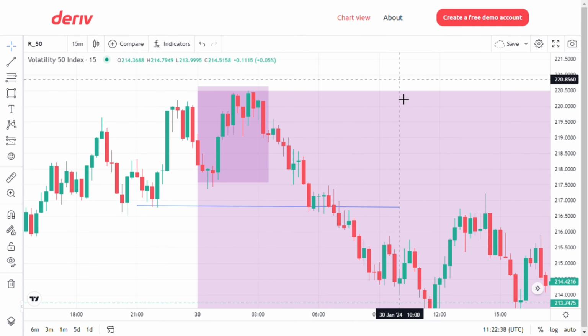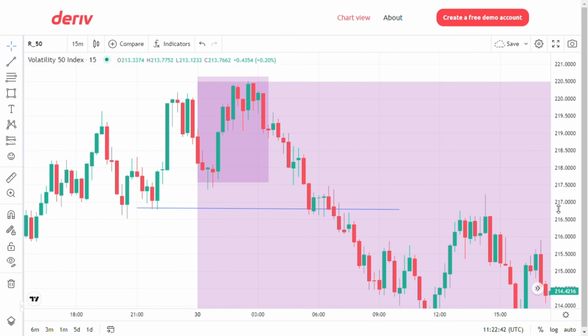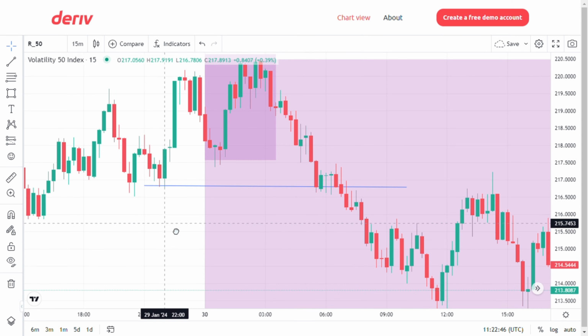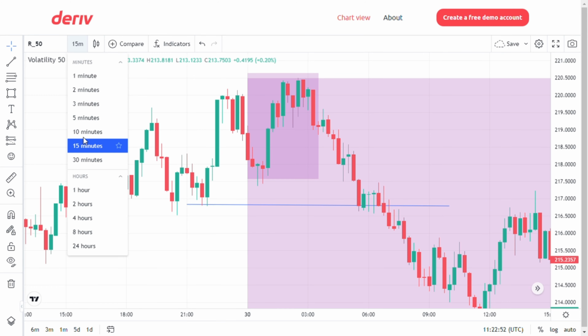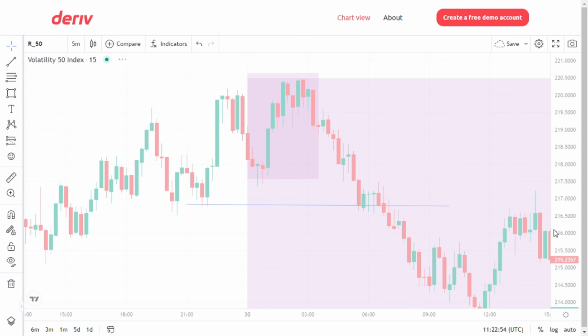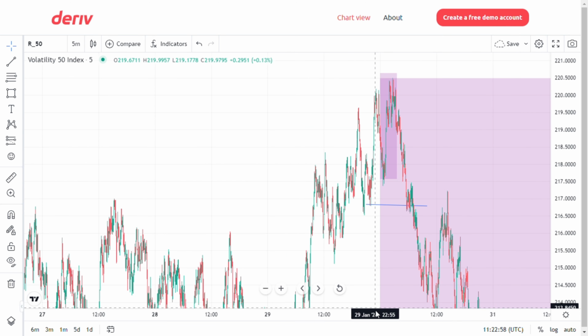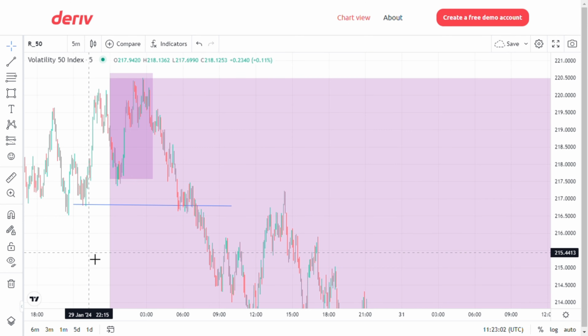But you will notice that the market took out this low, and it is a very nice signal that there is a continuation of the sell move. With the market structure shift that we saw on the 1 hour, we can drop down to around 5 minutes so that we can further refine our trade and be able to capitalize on the trade well.